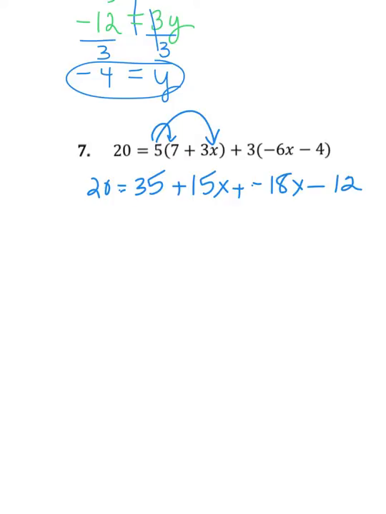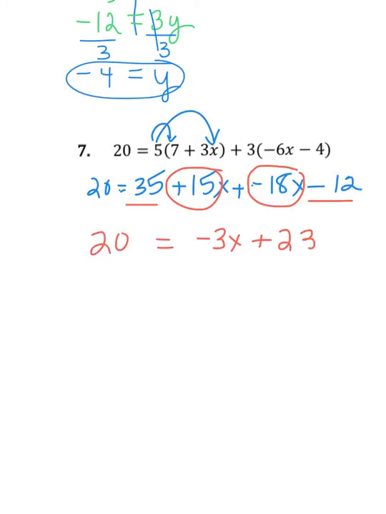Okay, let's use this. So 15x minus 18x is going to give me negative 3x. 35 minus 12 is going to give me a positive 23 equals 20.